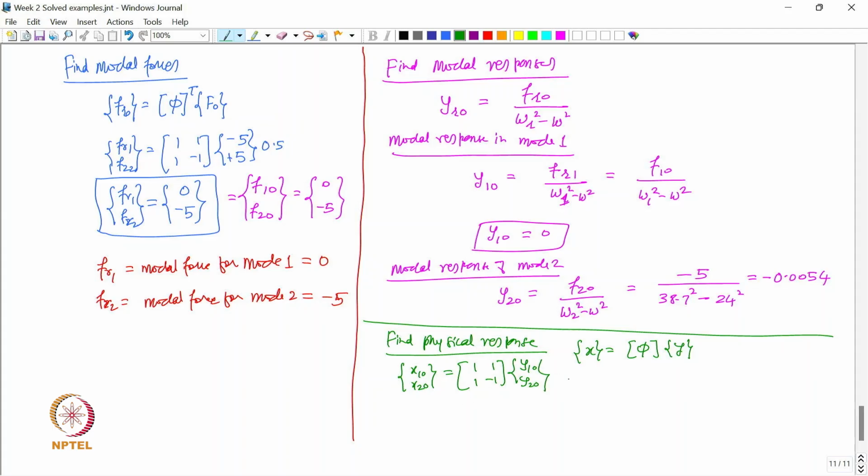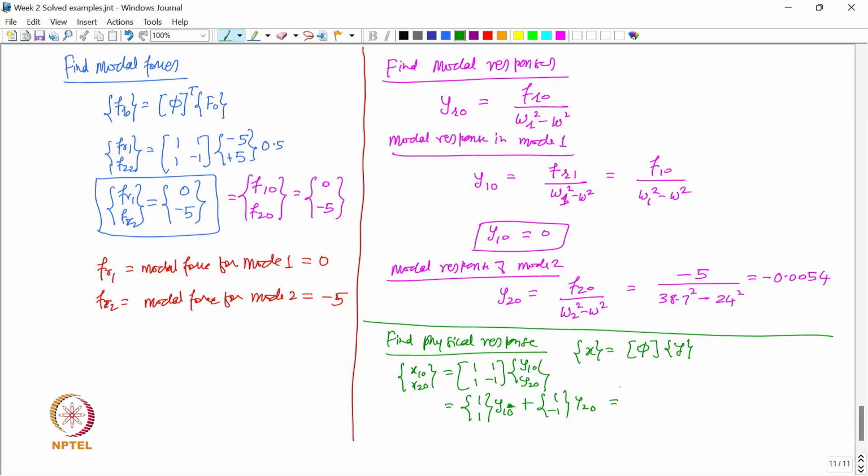So we have 1, 1 times Y10 plus 1, minus 1 times Y20. From this equation it is very easy to see that Y10 and Y20 constitute the amplitudes of the response in different modes. That is why they are called modal responses.